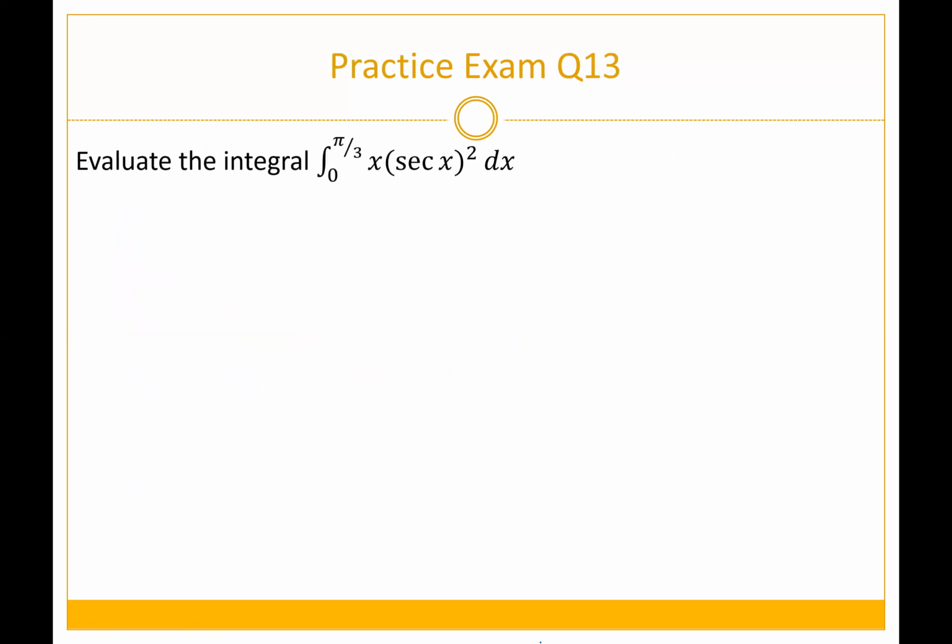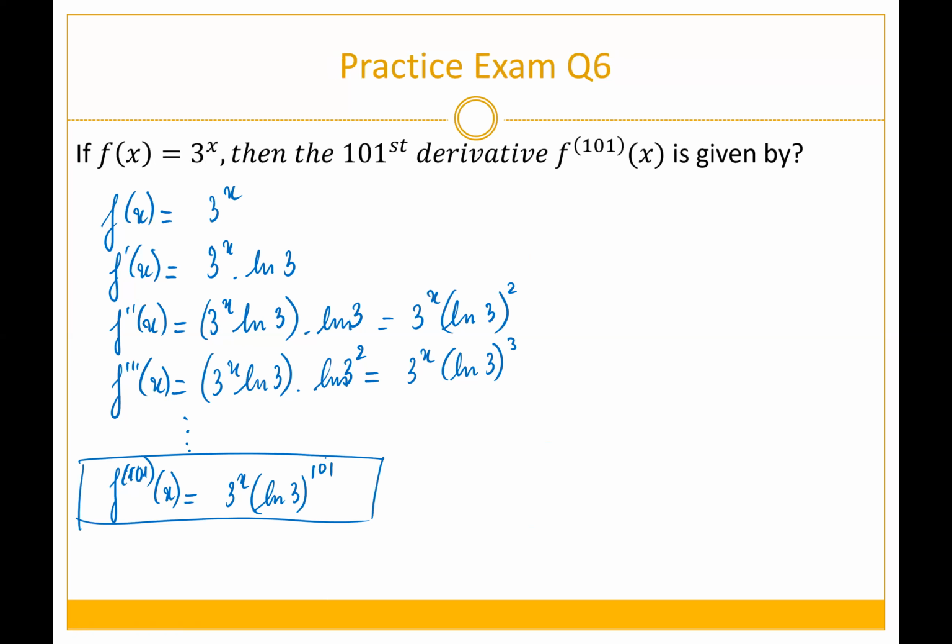Sometimes for some specific functions they change the power, and you end up with maybe 99 or 100. The key here is knowing the derivative of an exponential function. So this is squared, and we can go ahead and go to the next one.